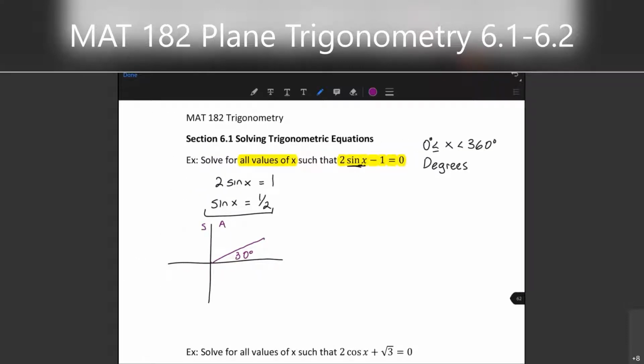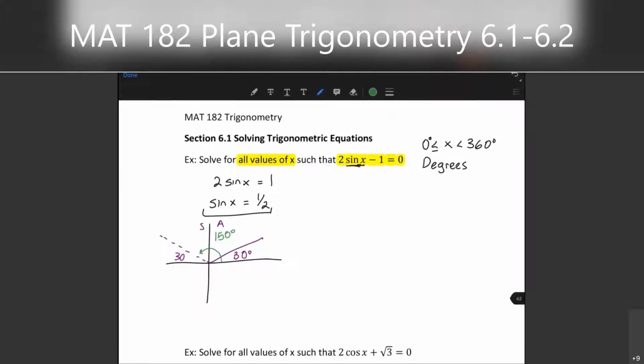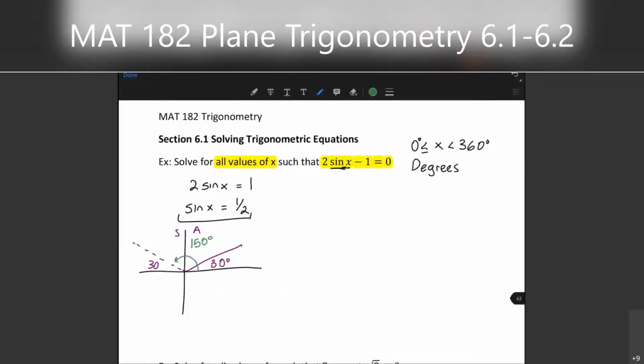We could have that same reference angle here, 30 degrees, and so the second solution in the second quadrant would be 150. That would be correct. So there are two solutions for making the sine of x equal to 1/2. Those give us the principal angles in the first rotation of our unit circle.